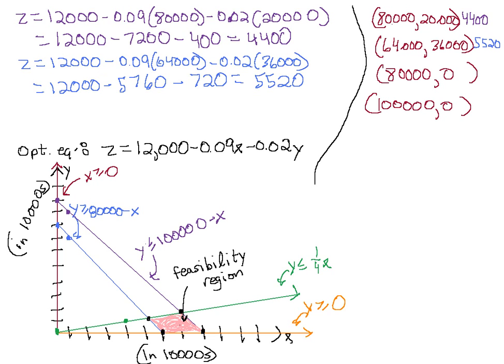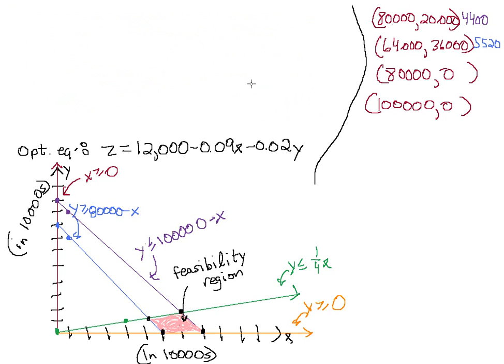All right, let's go ahead and clear a little space here so we can check our other 2 points. Our next point is 80,000 and 0. So let's plug that into our optimization equation. We have z equals 12,000 minus 0.09 times x, which is 80,000. Then we have minus 0.02 times y, which is 0.